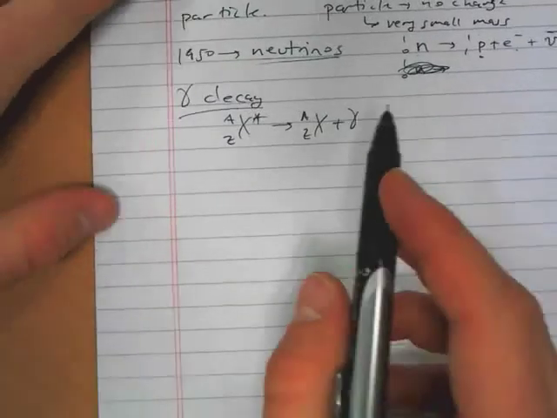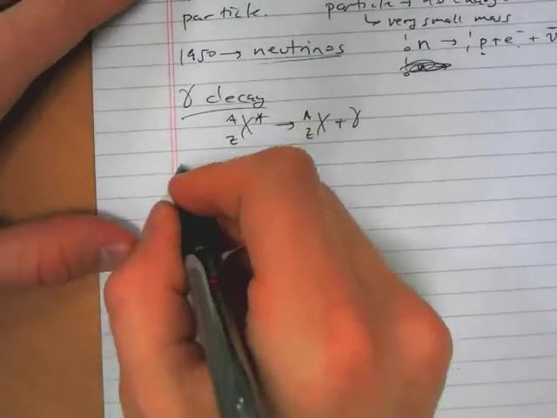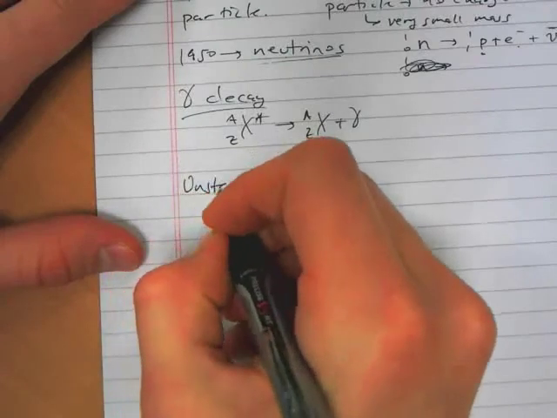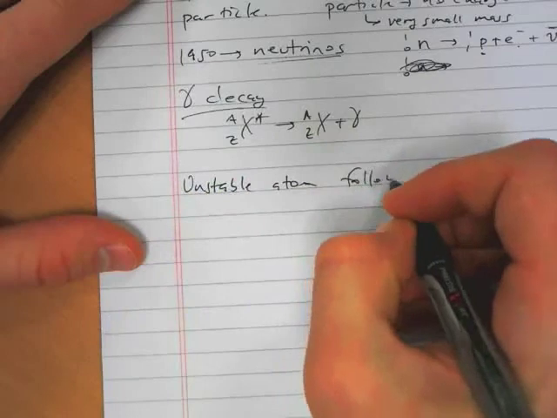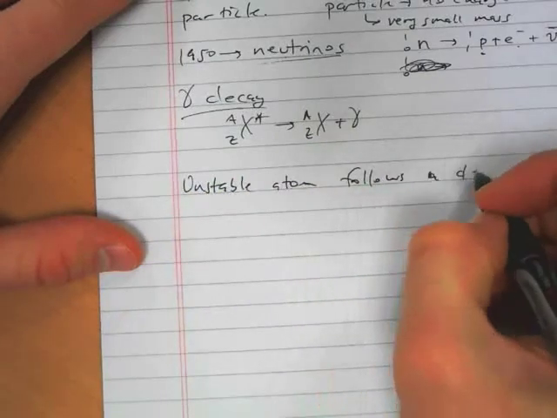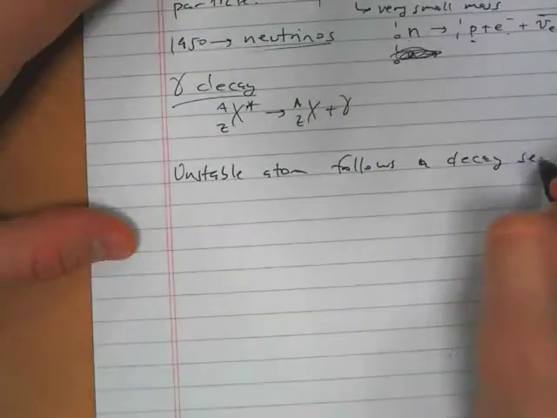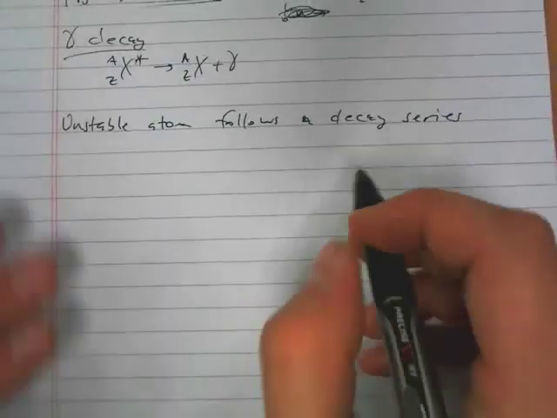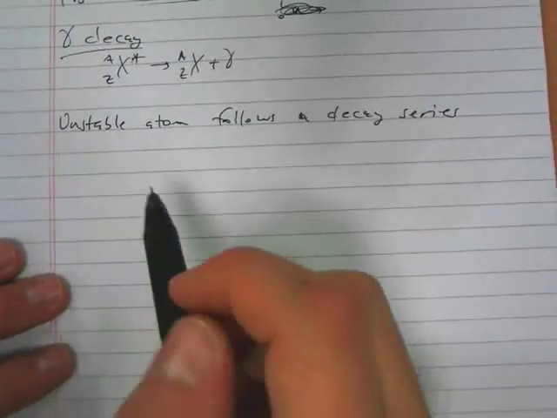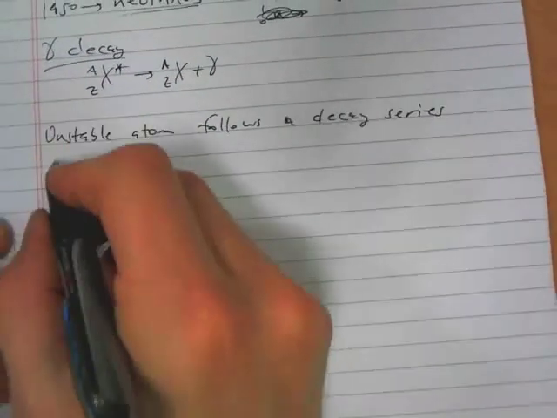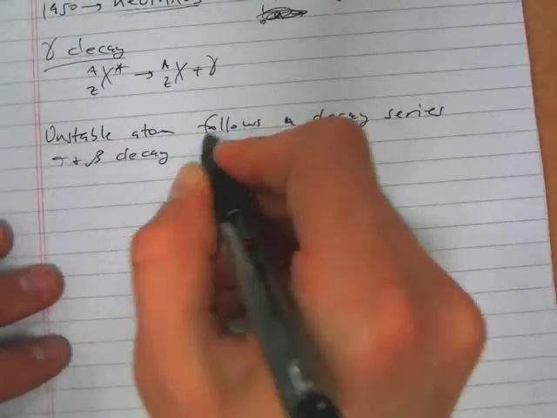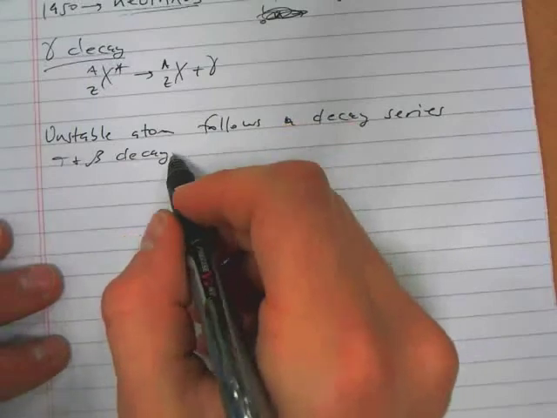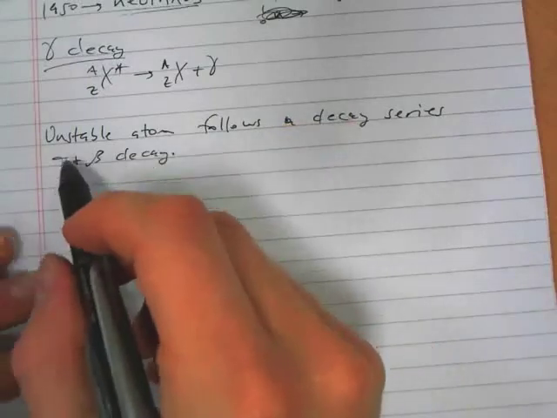Now, generally speaking, an unstable atom follows a decay series until it winds up being a stable atom, where it undergoes alpha and beta decay repeatedly. At one step sometimes it can take different paths.